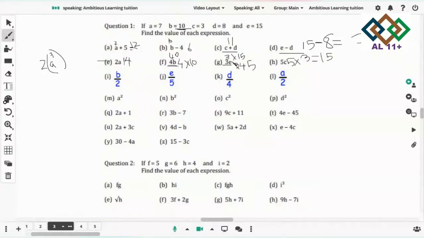And b by 2. So you're dividing it now. So your b is already given to you, 10. So you're dividing 10 by 2, like you do your fractions. 10 divided by 2, that gives you guys 5. e divided by 5, e is already 15.